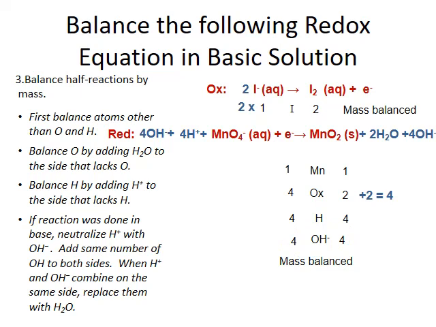We can simplify this reduction half reaction just a little bit. On the reactant side, where we have both hydrogen and hydroxide, we can actually replace these with the water molecules that these ions originally came from. I'll show that replacement when I write these half reactions on the next slide.